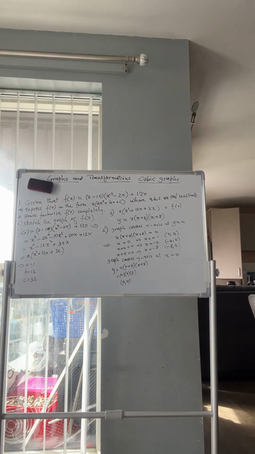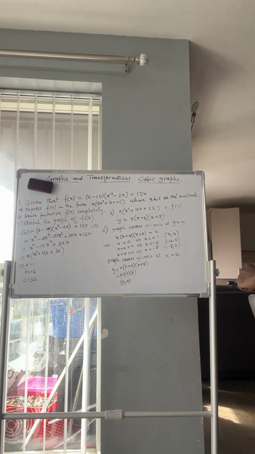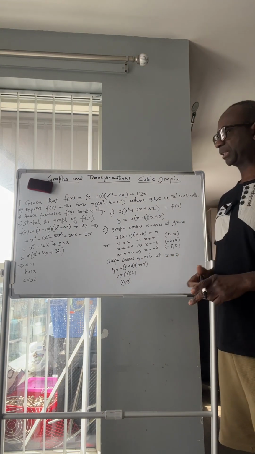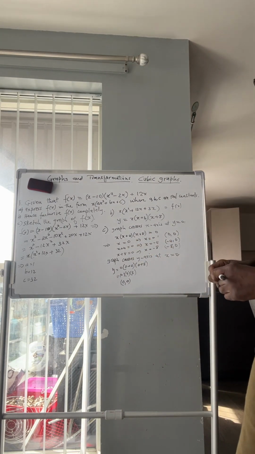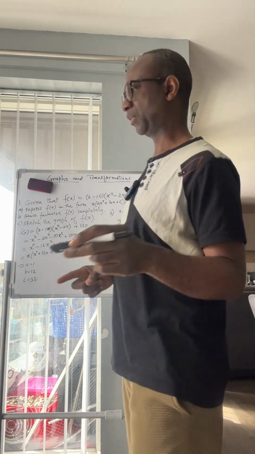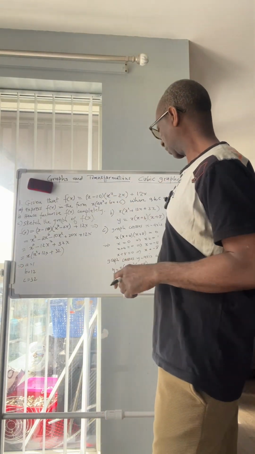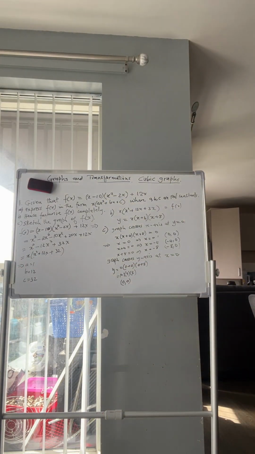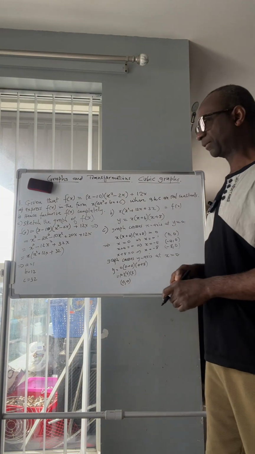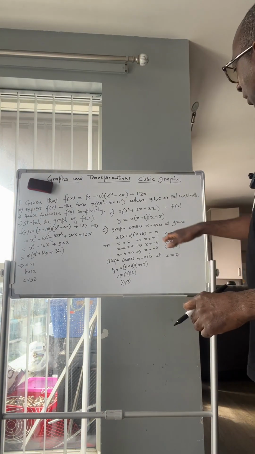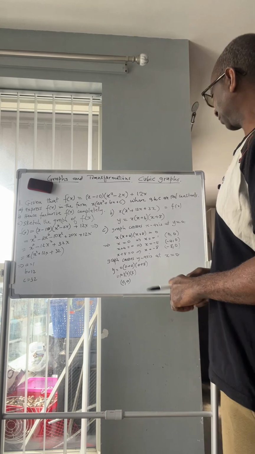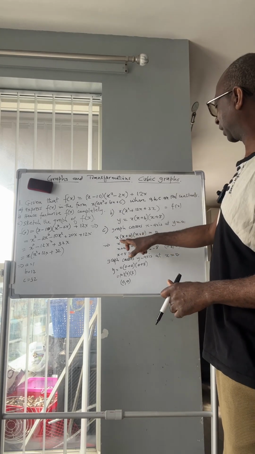Yeah? So what follows next? We now need to investigate the behavior of this graph as x approaches plus or minus infinity. How does the graph behave along the y-axis? That's what we need to investigate next. Then we'll be able to plot the graph correctly. But to do that, you come back to the equation. You have this equation here.